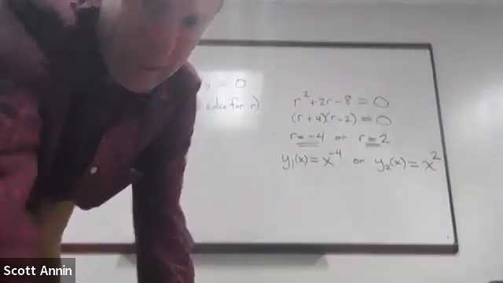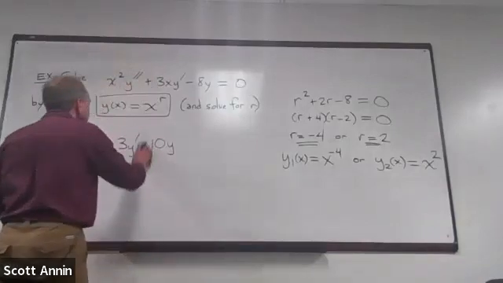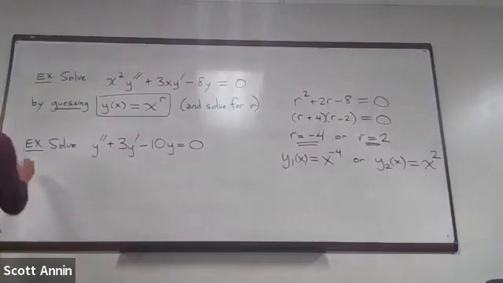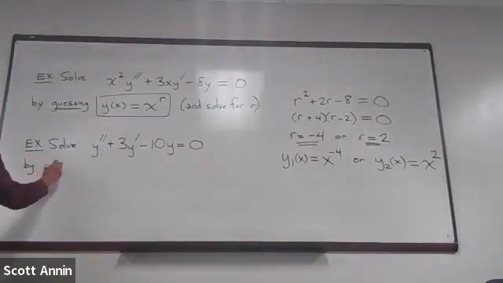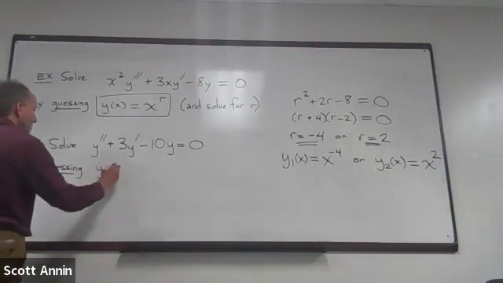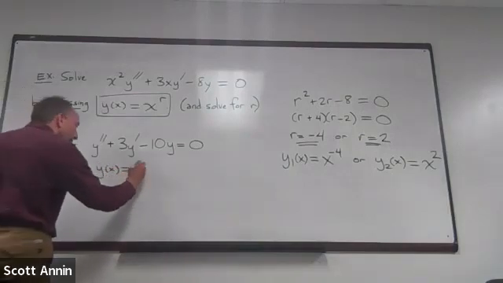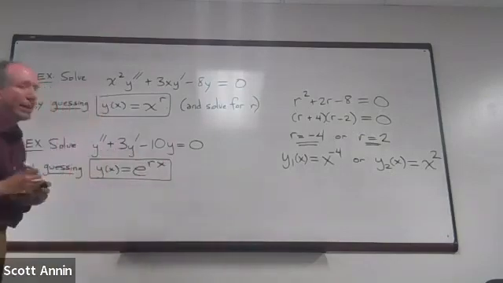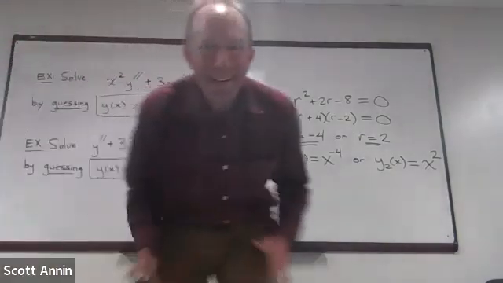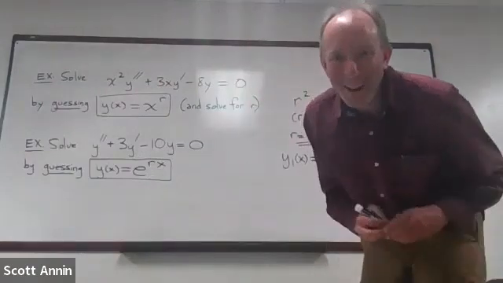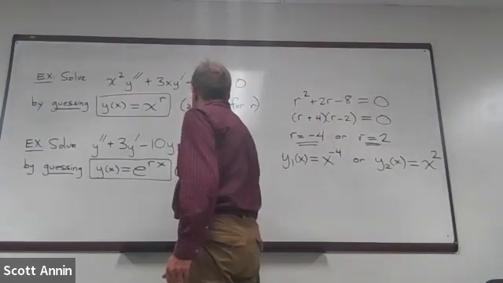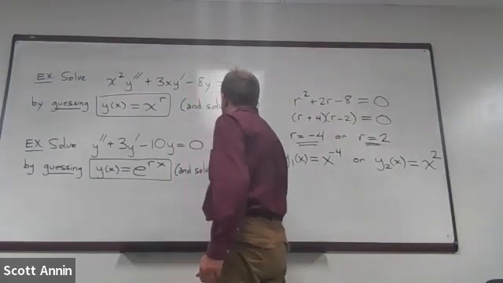I thought that might have been a minus sign. Minus 10y equals 0. Again, by guessing y of x equals, this time it turns out that for this differential equation, a different guess is more appropriate, namely e to the rx. But again, the goal is going to be to solve for r.